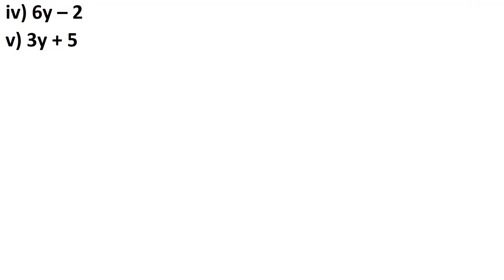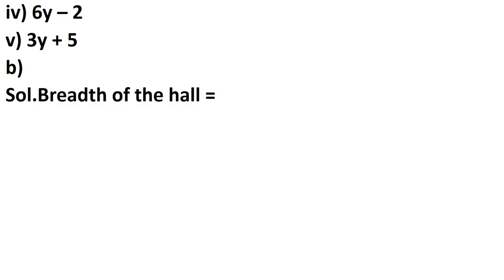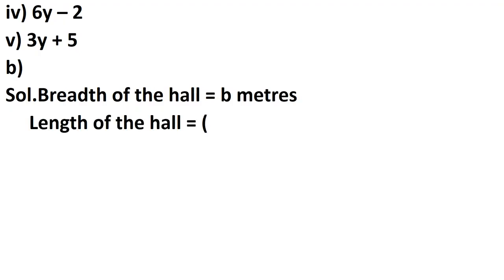Here I have done the solution of other parts also. You can check your answers from here. This is the solution of question number 1, B part. Breadth of a hall is given to us as b meter. Length of a hall is 3b minus 4 meter. C part.